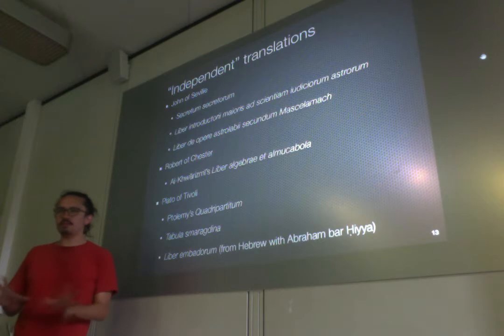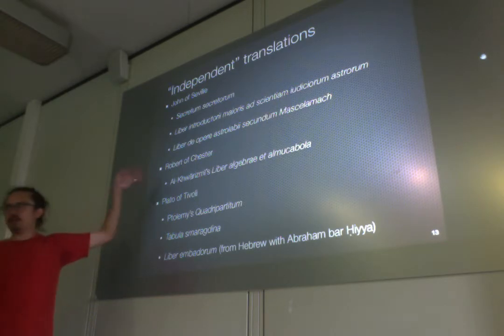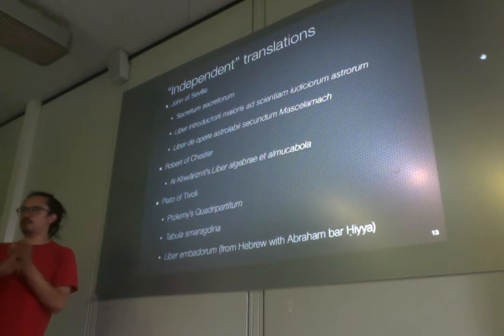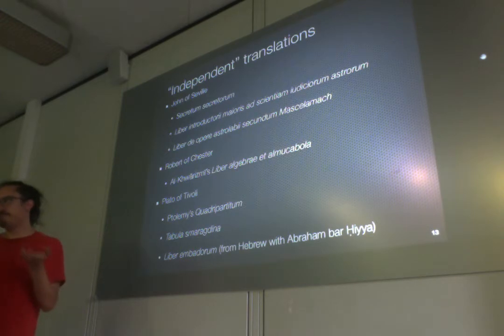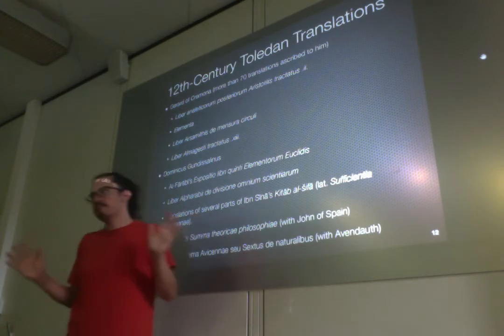I'm giving you many conclusions around this. We don't actually know for sure if John of Seville, for example, is actually a different person from John of Spain. We don't actually know for sure who Aben Daoud is.